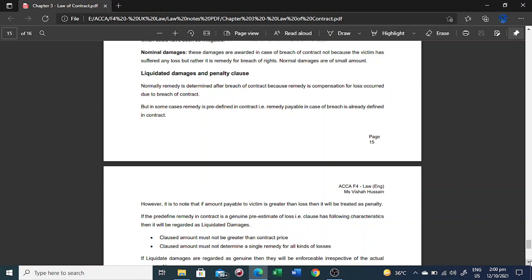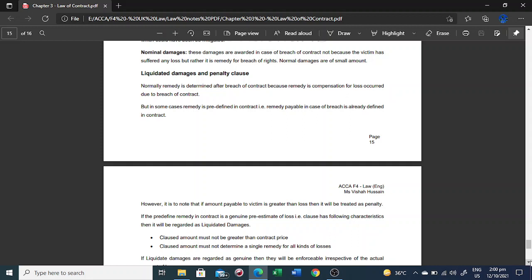If the breach of contract is a very small one, then lesser remedies are going to be paid. So in some cases, remedies are predefined in the contract. You list down all the possibilities of breach of contract in the contract itself, and you mention the remedies for each kind of breach of contract as well.